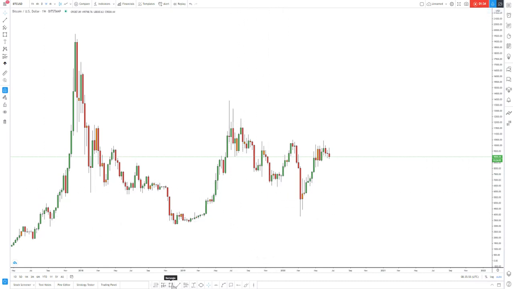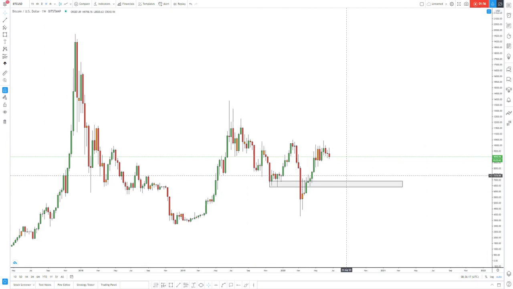So I'll pick up my box tool and mark this level right here. I'll be watching this level really close to see what price does when it gets here. That means I expect price to dip back down to this level.